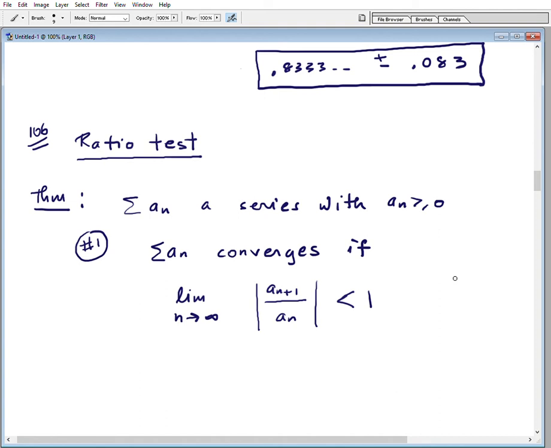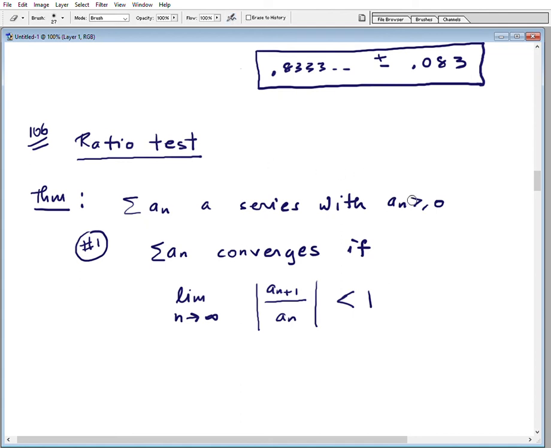Ratio test. Oh, okay, sorry. It's with non-zero terms, not greater than. You could have negative terms. That makes a big difference.